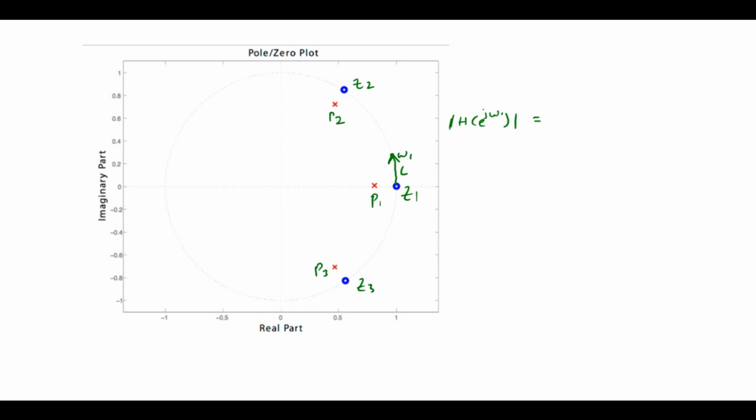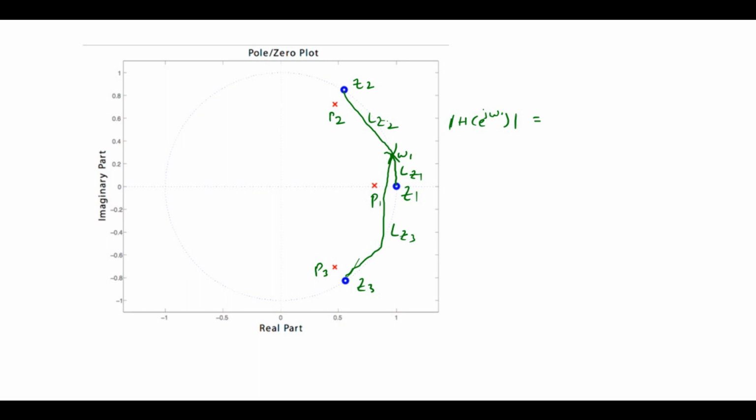The distance from the first zero to this frequency, let us say LZ1, the second is LZ2, and the third one is LZ3.